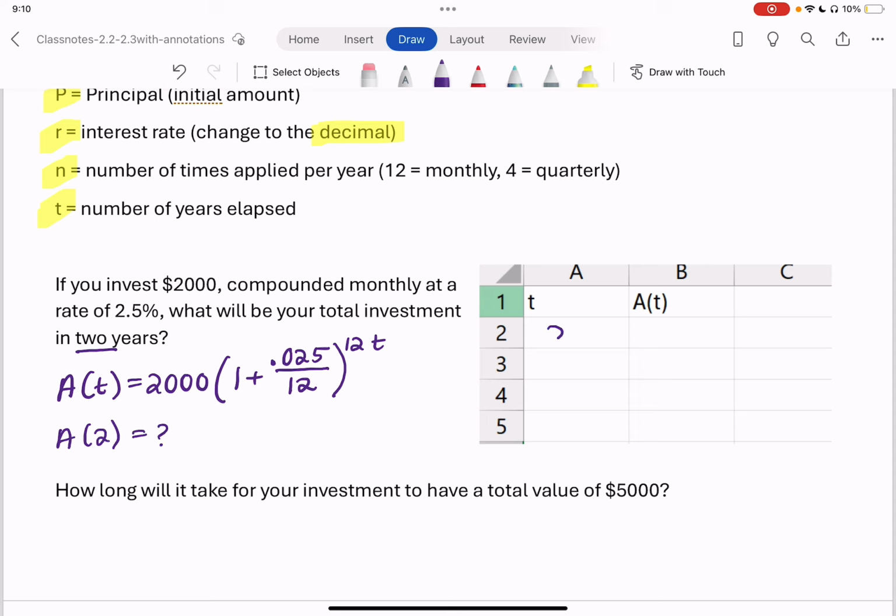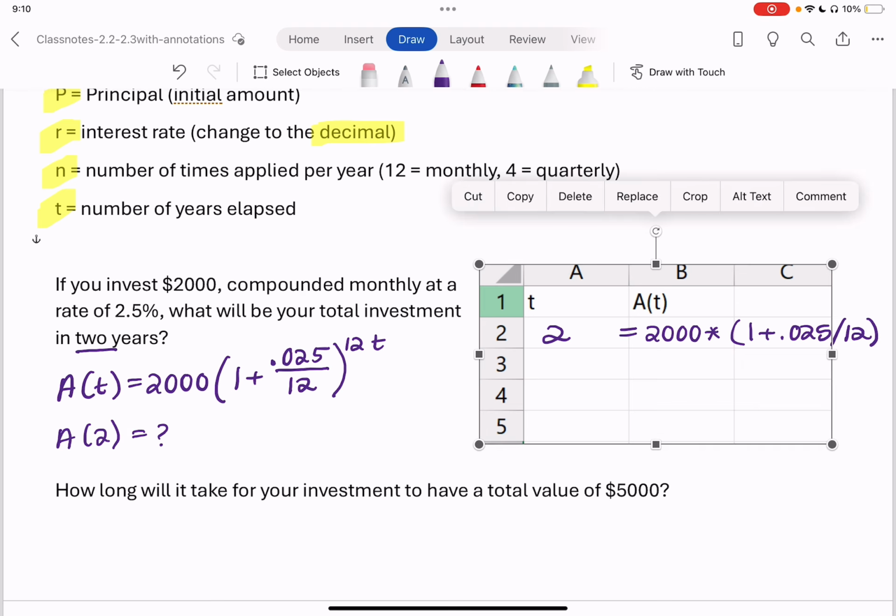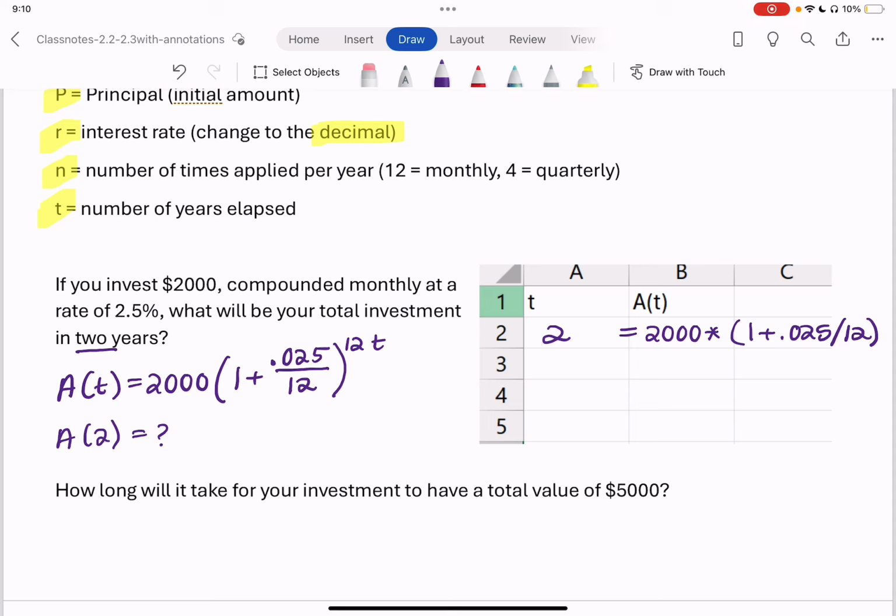You're going to put a 2 in your cell here, and then your formula is going to look like this: 2,000 times parentheses 1 plus 0.025 divided by 12. I ran out of space over here, so I'm just going to carry it down below, but obviously you keep that all in the same formula, and it'll be 12 times your cell reference for your t value.